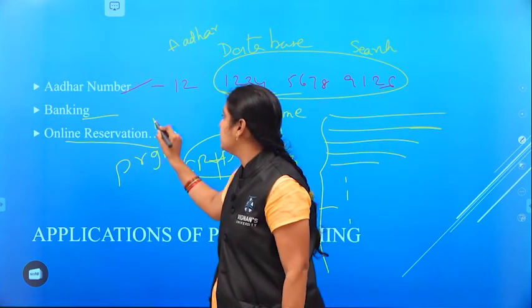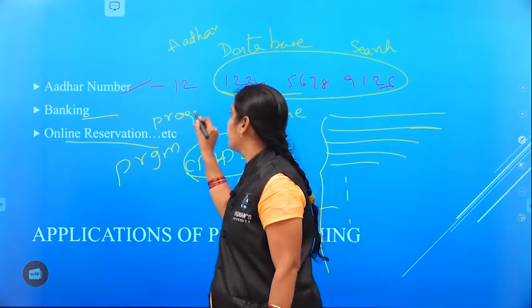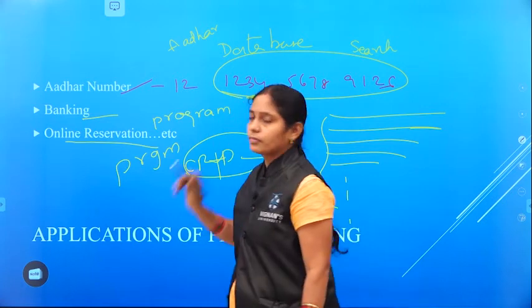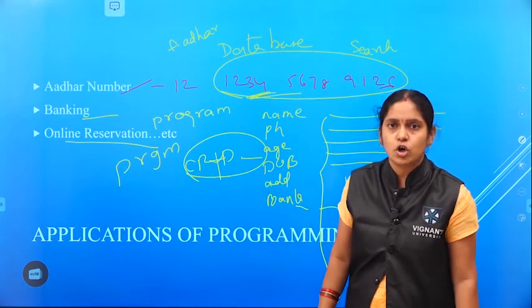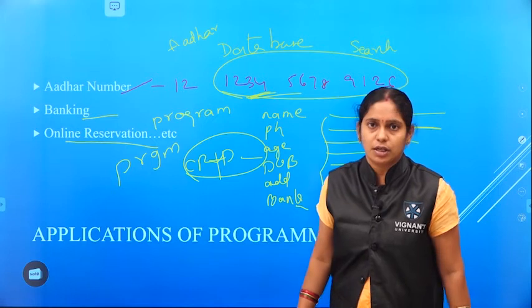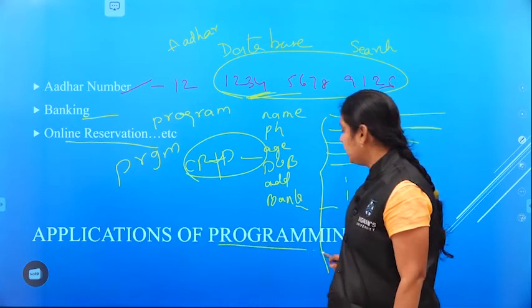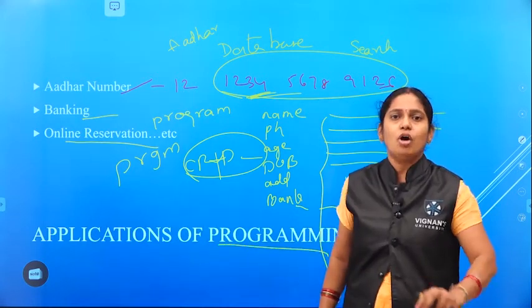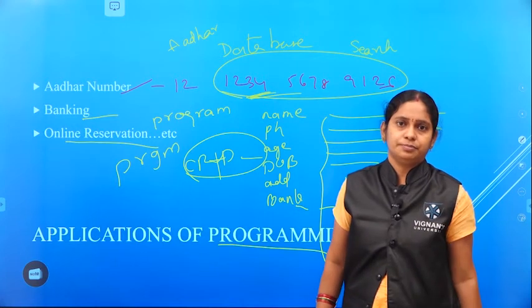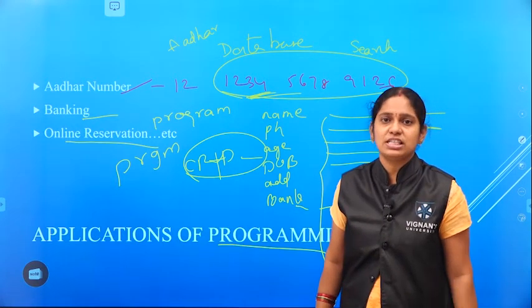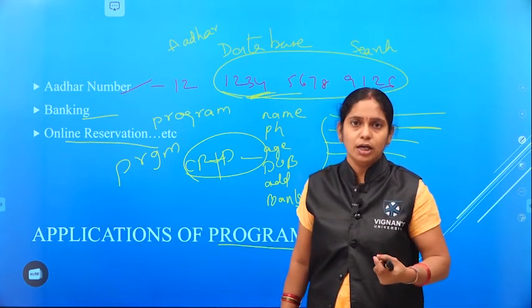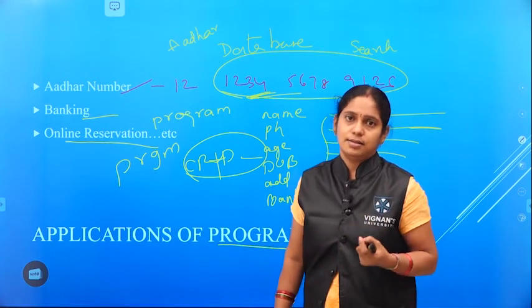So, we have to give instructions. With the support of these instructions only, the computer can work. So, programming is nothing but a set of instructions. A set of instructions which will be given to a computer to complete a specific task.